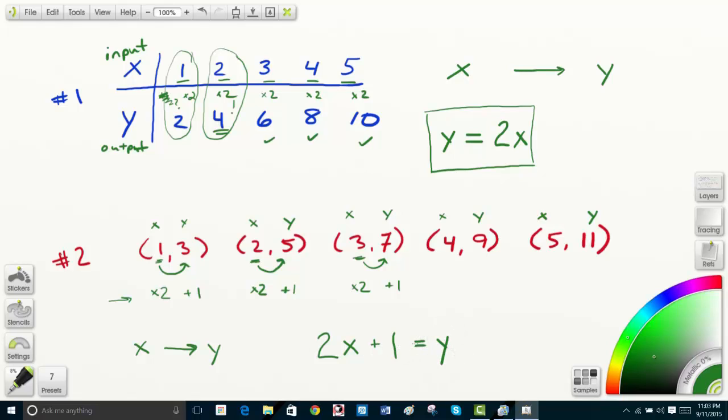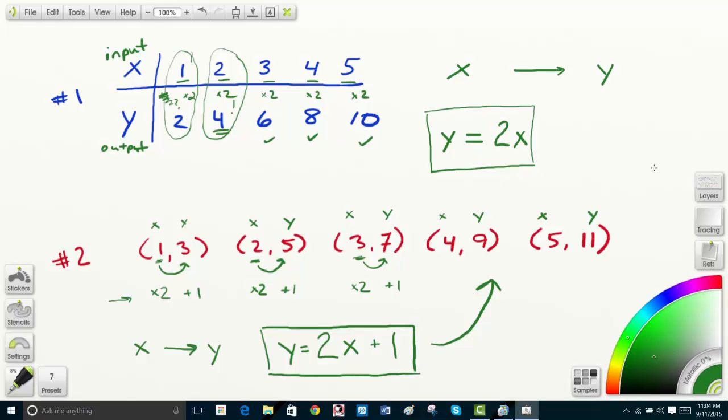I kind of like writing it like this because this is the in and this is the out. But traditionally speaking, we would write this as y equals 2x plus 1. And we have created the equation that models the ordered pairs in our example.